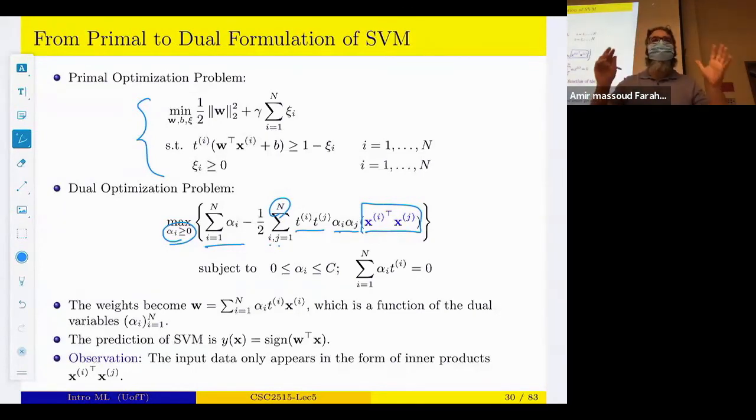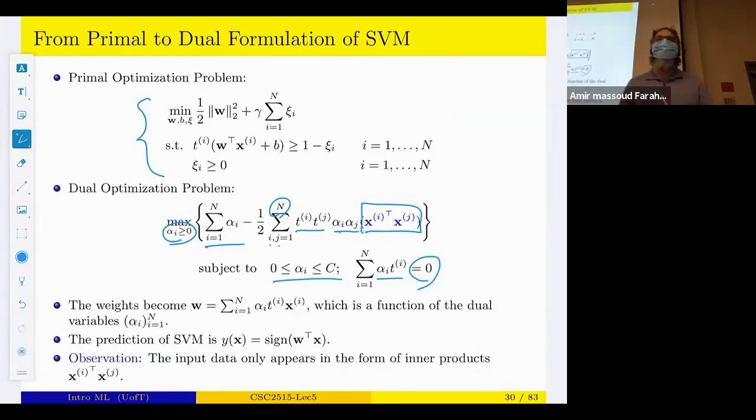It's a d-dimensional vector. We compute the inner product of it with x_j. And then there are some constraints that alpha i should be smaller than some constant C, and the summation of alpha i t_i should be equal to 0.